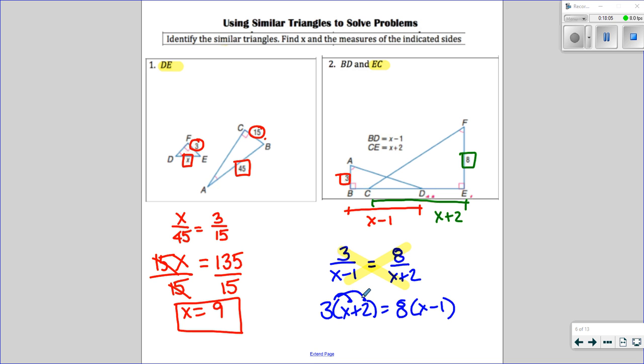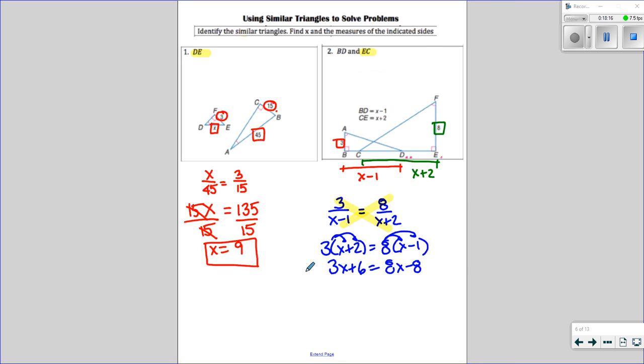We're going to distribute. Don't forget that. So then 3x plus 6 equals 8x minus 8. And then we combine like terms. So I'm subtracting 8x on both sides, so I'm going to get negative 5x. And then I'm subtracting 6 on both sides. I get negative 14.